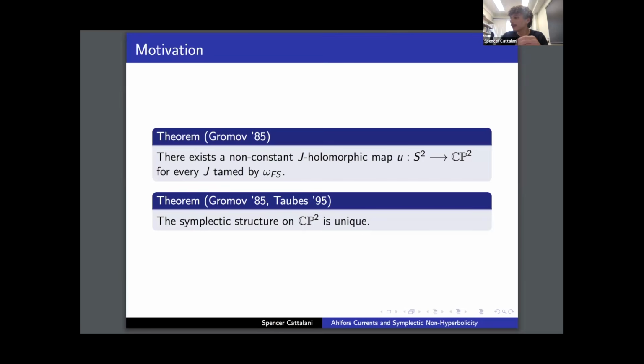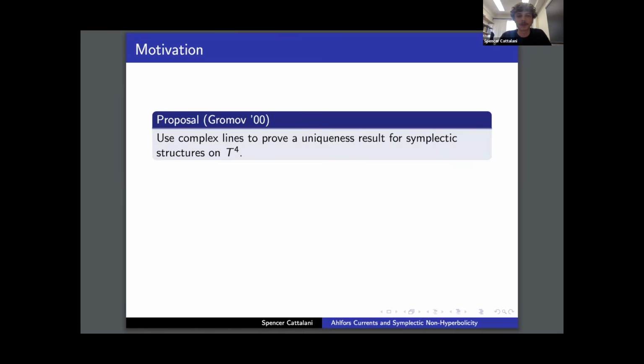Nevertheless, if you look at, say, a complex torus, it always has holomorphic curves parameterized by C. This motivates a proposal by Gromov in 2000 that perhaps you can use these complex lines, so not rational curves, but lines, to prove some kind of uniqueness result for symplectic structures on the 4-torus.